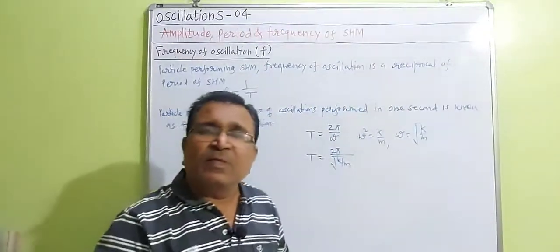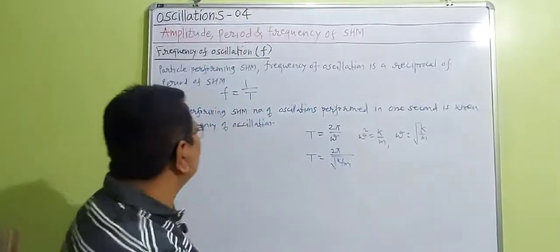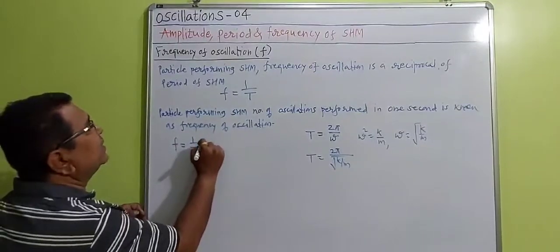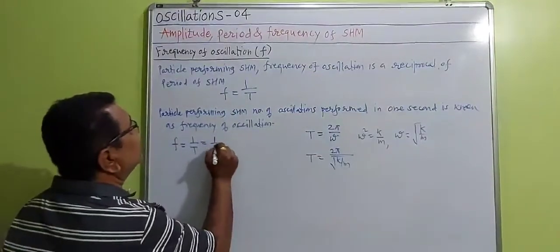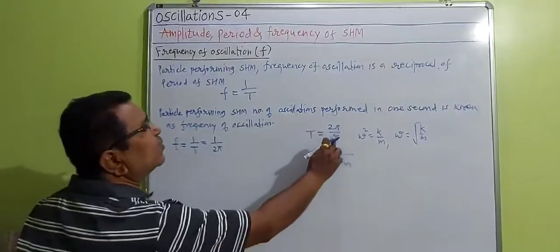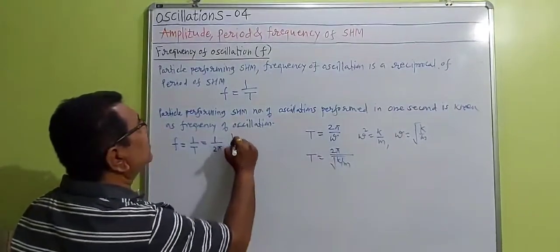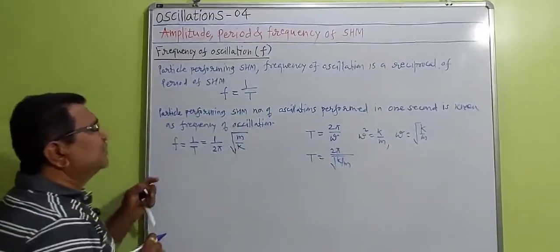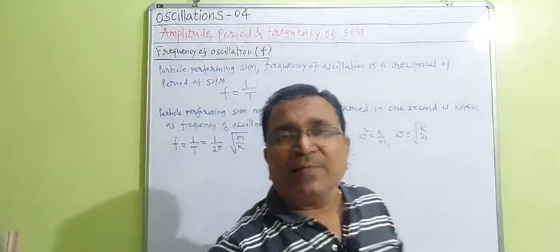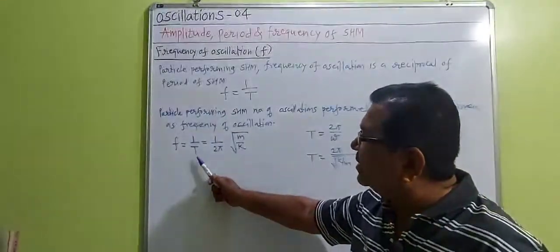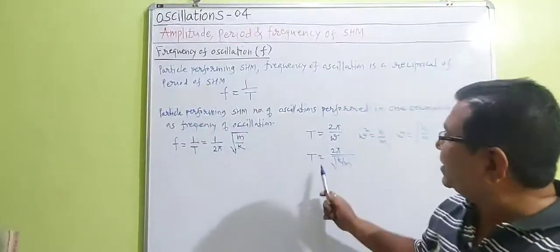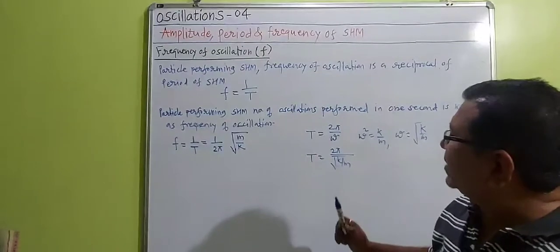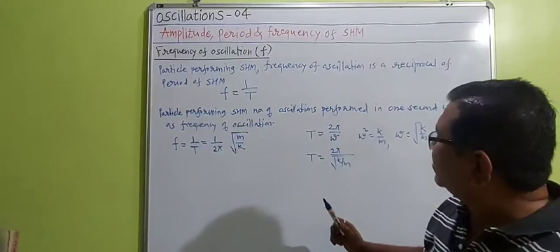Taking the reciprocal, we get f is equal to 1 upon T.